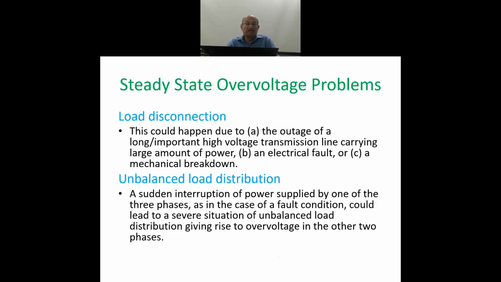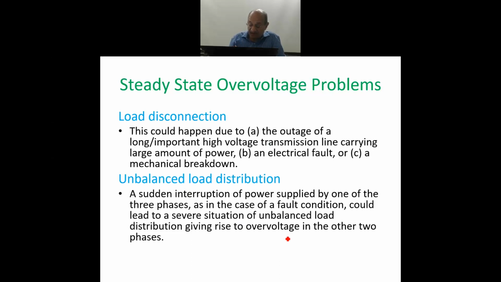We know most of the 11 kV and above systems are considered to be balanced systems, that is, there is the same magnitude of load in all three phases. And this situation may arise that suddenly one of the phases is taken away.